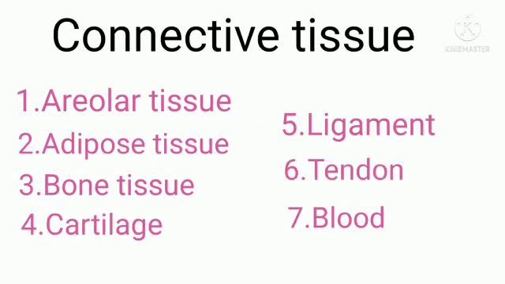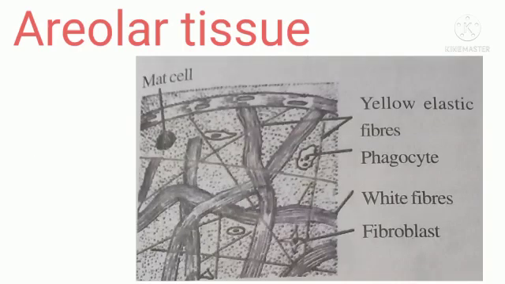Connective tissue is also divided into 7 types of tissues: areolar tissue, adipose tissue, bone tissue, cartilage, ligament, tendon, and blood. Areolar tissue joins different tissues.